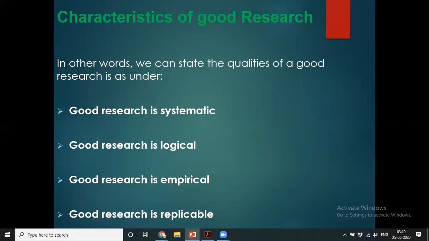The first one is that good research is systematic. Systematic means that if you are getting some value randomly, or just getting the observation randomly, in that case it will not be acceptable.